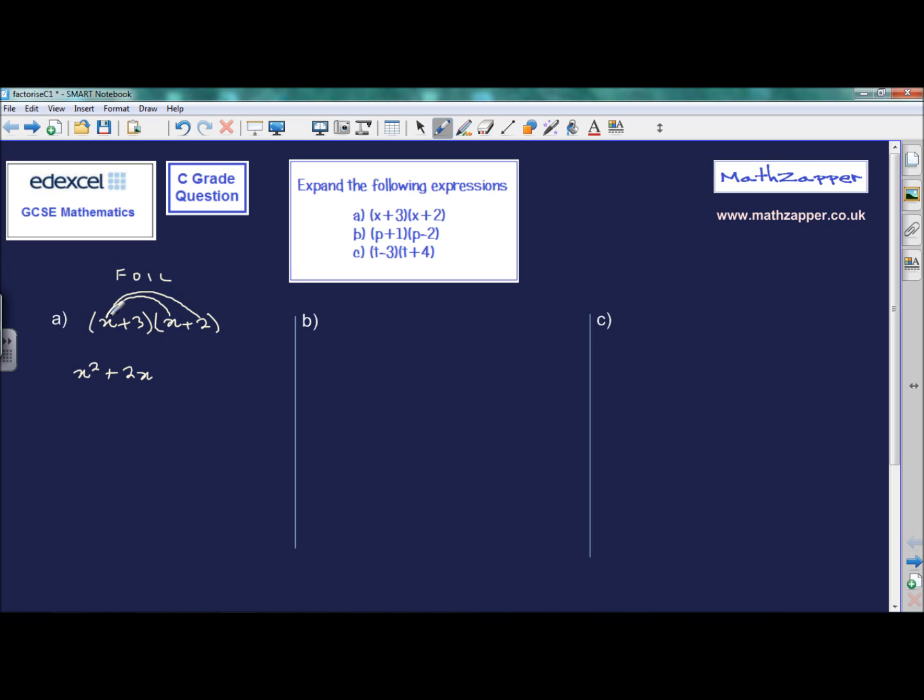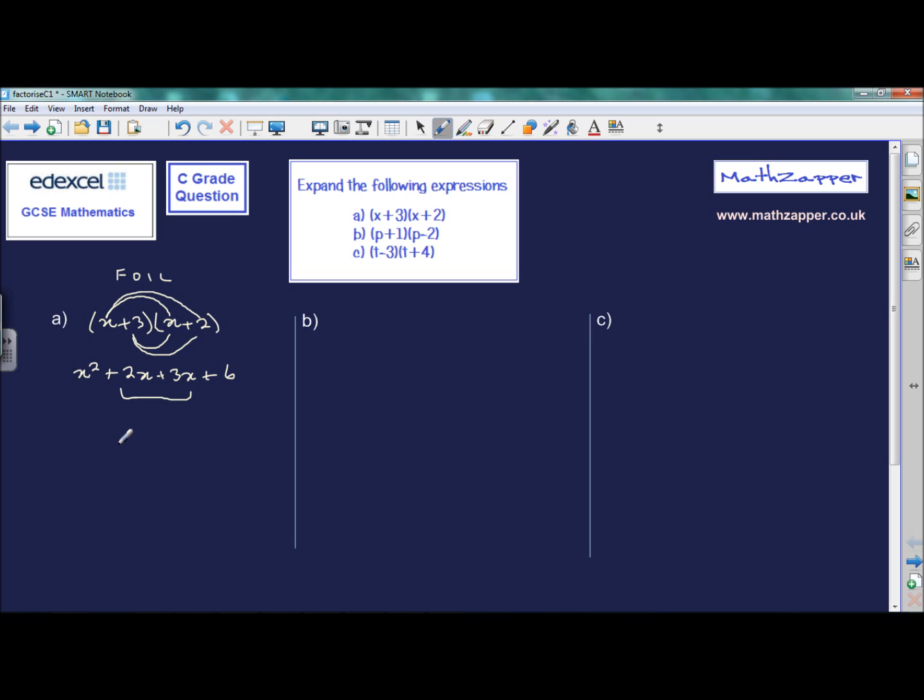You've exhausted all your multiplications of this x, so now we move on to the plus 3. Plus 3 multiplied by the first x is plus 3x. And plus 3 again multiplied by plus 2 gives us plus 6. The middle part needs to be tidied up a little bit.